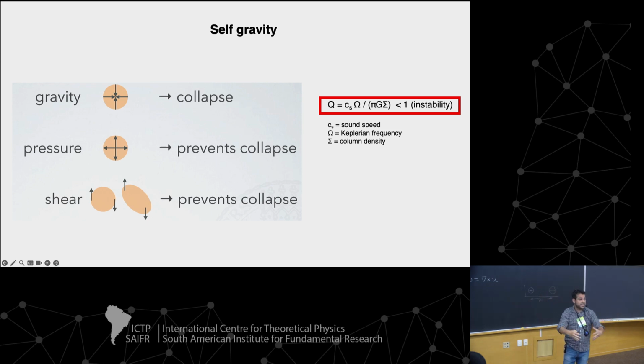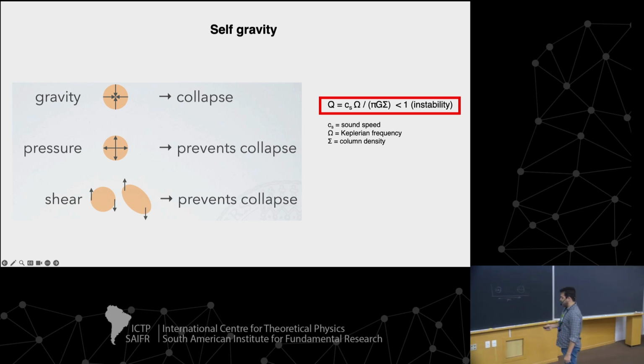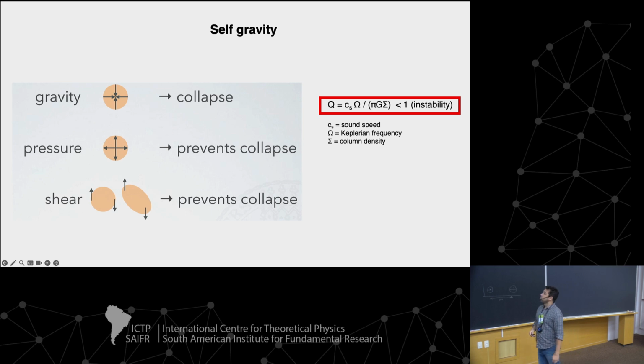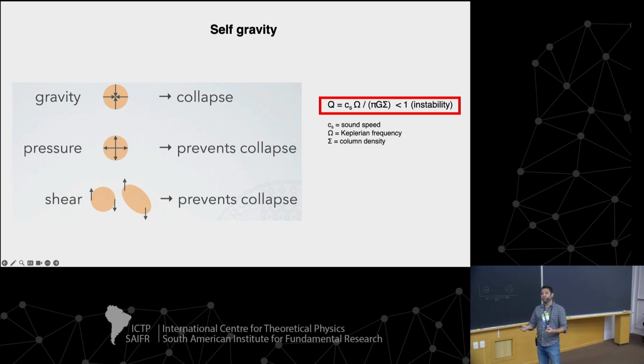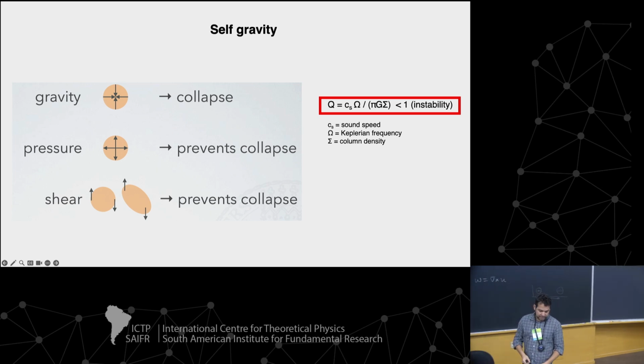As you compress gas, it heats up. So then you build up the pressure, and then it will try to stop the gravitational collapse. So collapse will only continue if gravity is stronger than the pressure, right? And in the disk, there is another process also, which is the shear, the gravitational tide from the star.